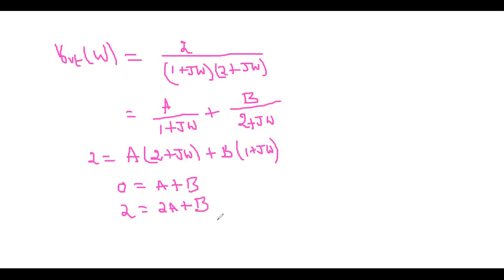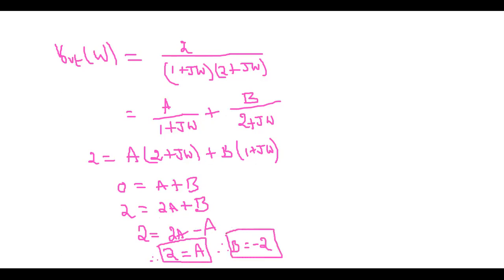2a plus b, students. a is equal to minus b, or b is equal to minus a. Now I am substituting b is equal to minus a, so 2 is equal to 2a minus a, so 2 is equal to a, my dear students. A is equal to 2, and therefore B is equal to minus 2.